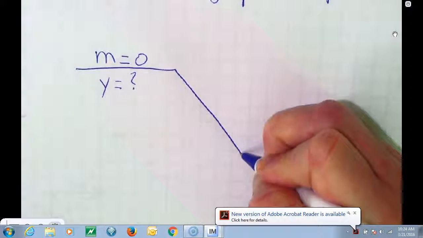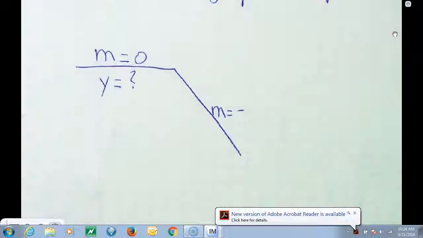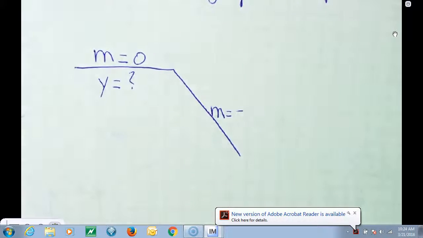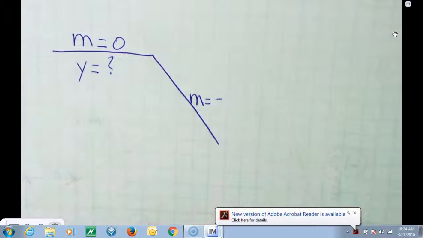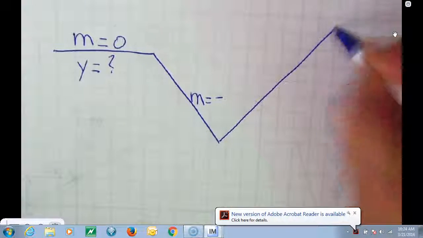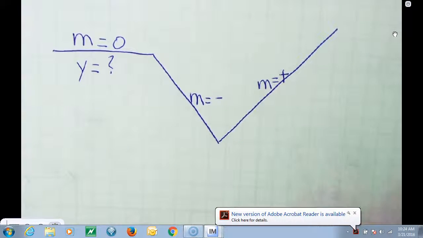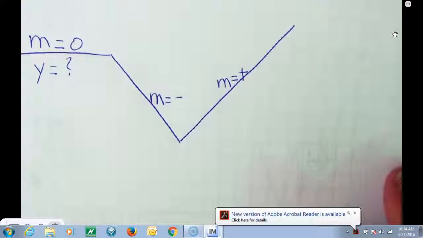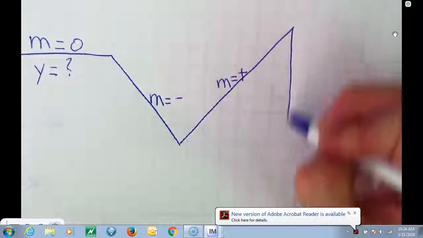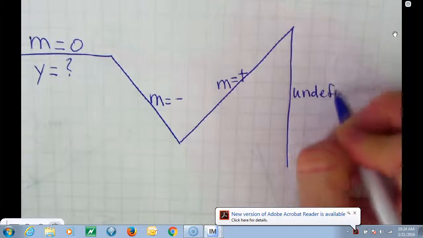If it's coming down, what do I know? The slope is negative. Slope is negative. If it's going up, positive slope. If it's coming straight down, y'all just told me, undefined.